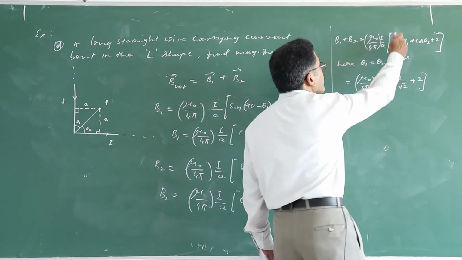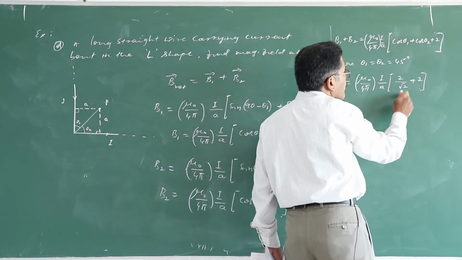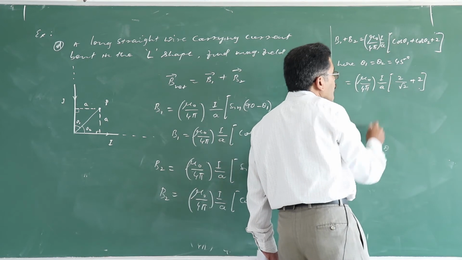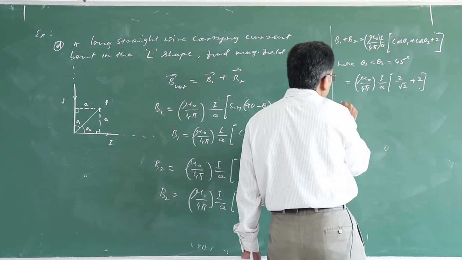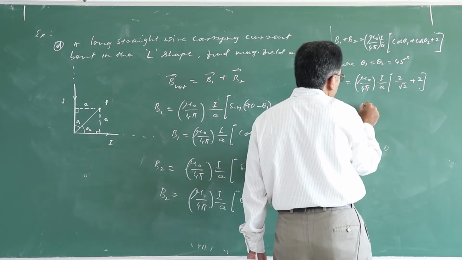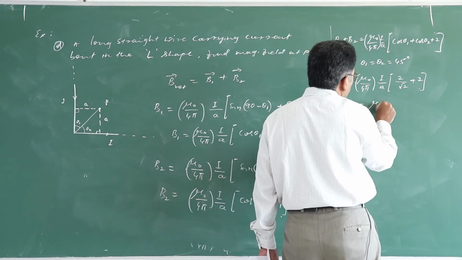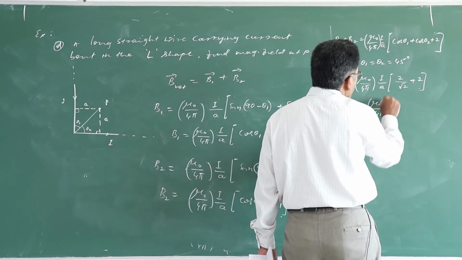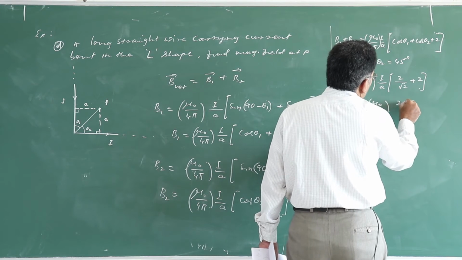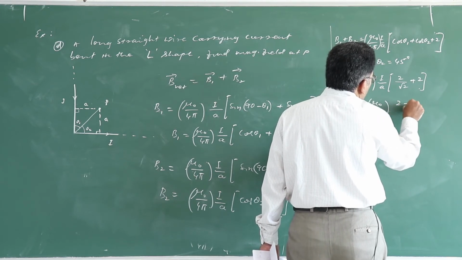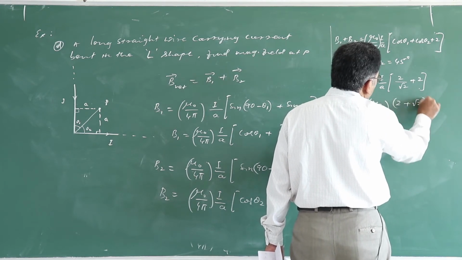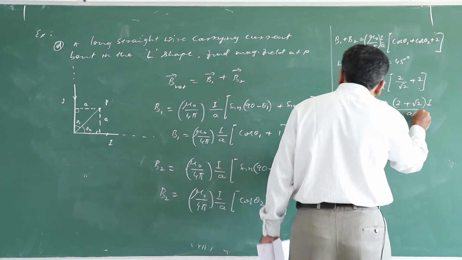This is 1 by root 2 plus 1 by root 2, which gives you 2 by root 2, and 2 by root 2 is root 2. Therefore B net is equal to mu naught by 4 pi, 2 plus root 2, into I divided by A.